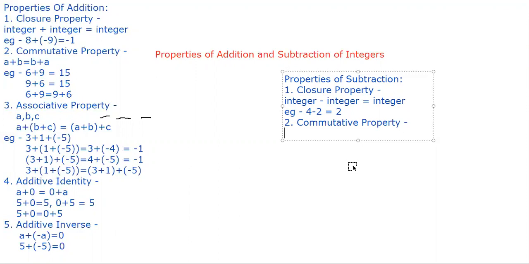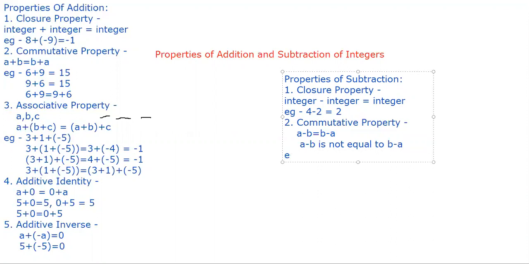And now I will say that a minus b is equal to b minus a. But I will just write it: a minus b is not equal to b minus a. Now how to prove it?